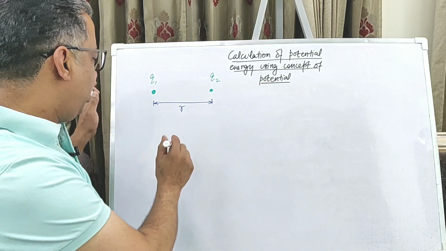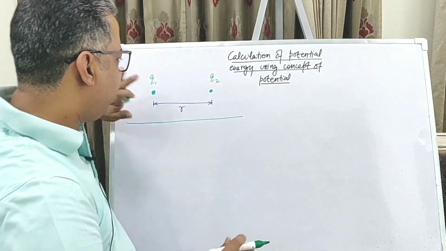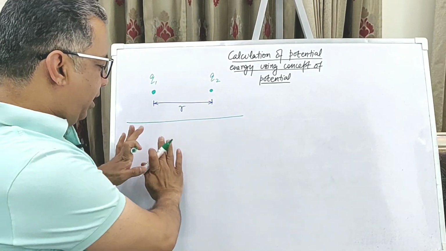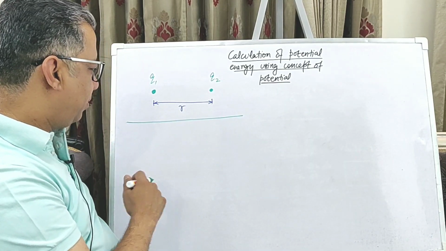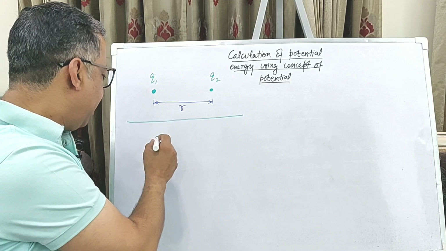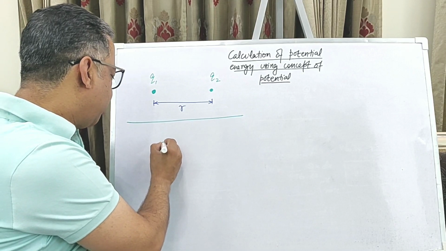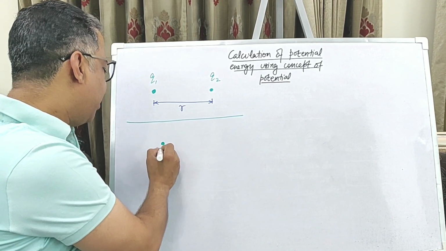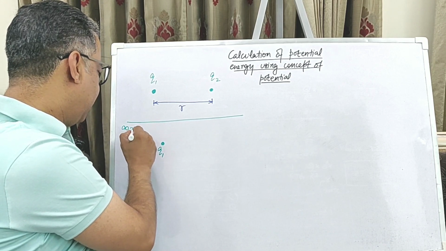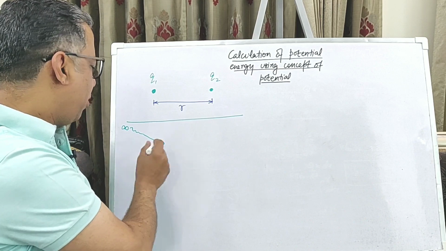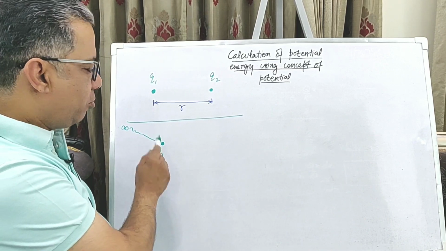The first charge we bring in: there is no charge anywhere in our observed universe, and we bring in a charge Q1 to this point from infinity.